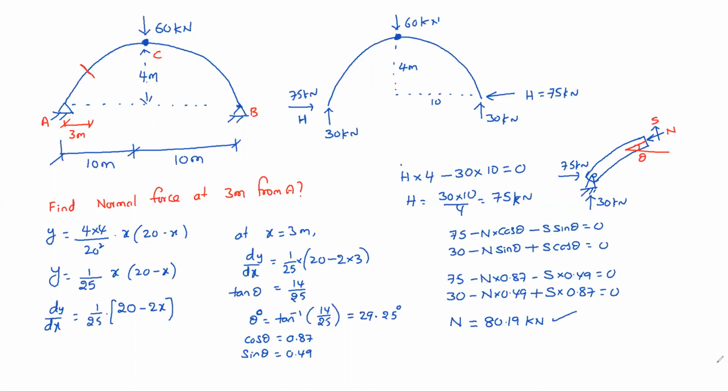So this is the answer. Next. Suppose if you have a UDL like this. Central hinge is there.